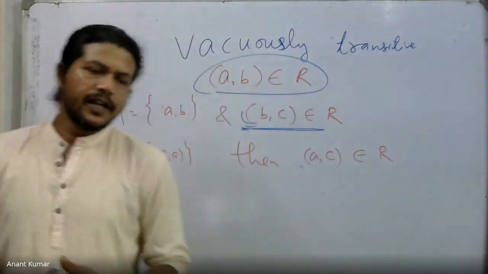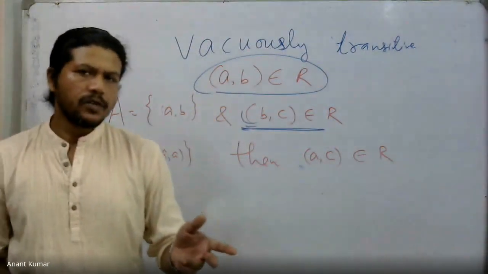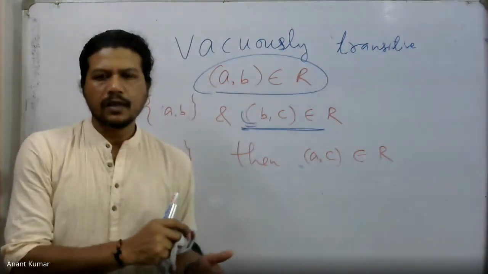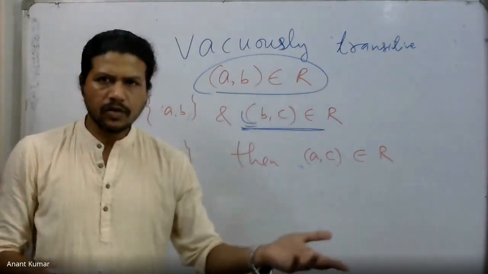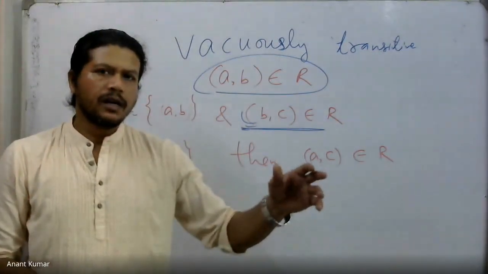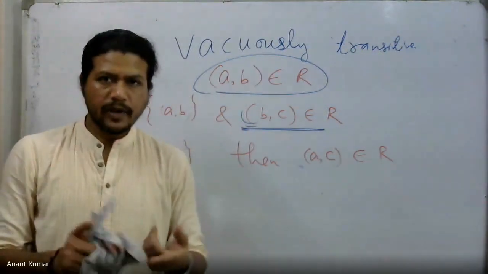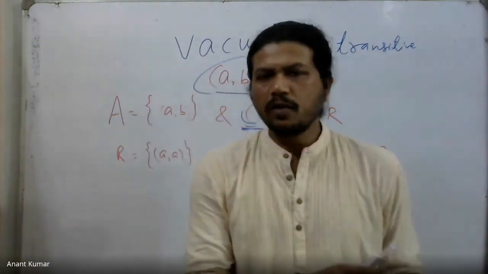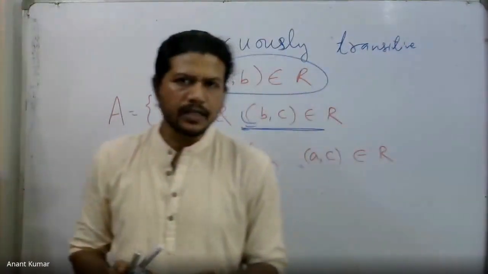Okay. Antisymmetric implies A, B and B, A are present together only if A and B are equal. Basically you have pairs like A comma A, and other elements also there. A comma A is there, B comma C is there. In that case, B comma C and C comma B are not simultaneously present.